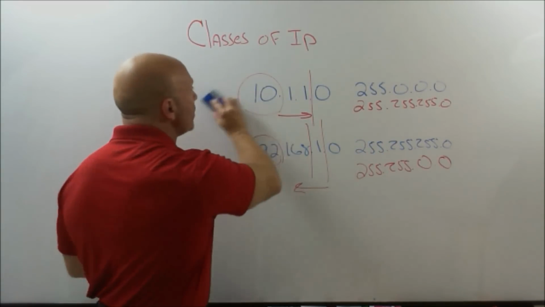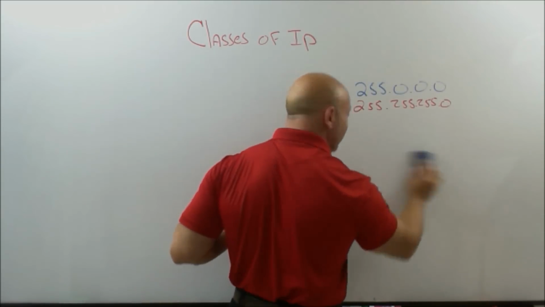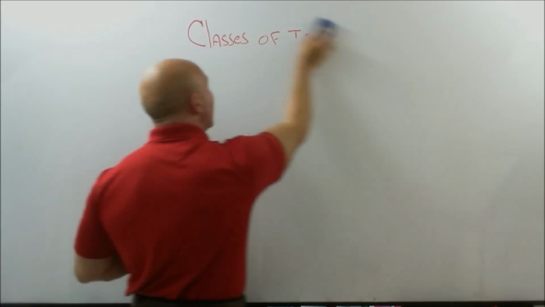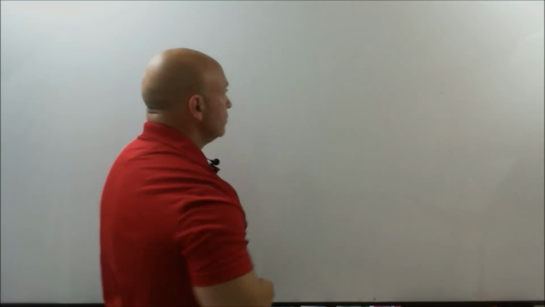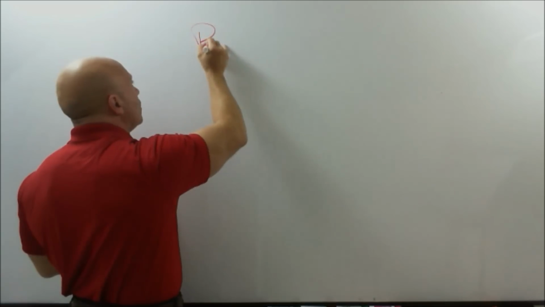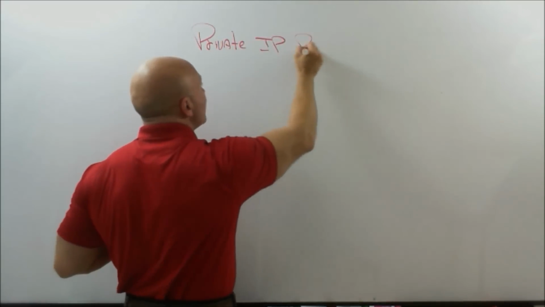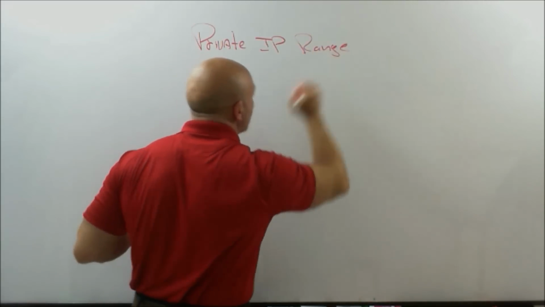All right, but now we have a private range. And I think I may show you something that you guys have never seen before. So listen carefully. This is very interesting. All right, so let's look at the private range. What I'm going to show you now is the private IP version 4, remember it's all version 4, range.